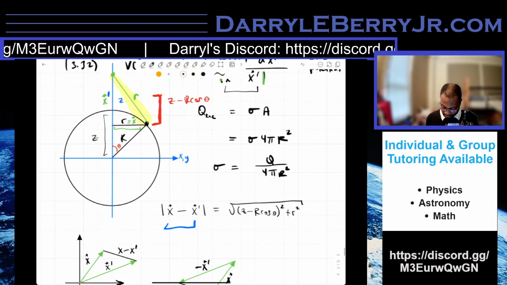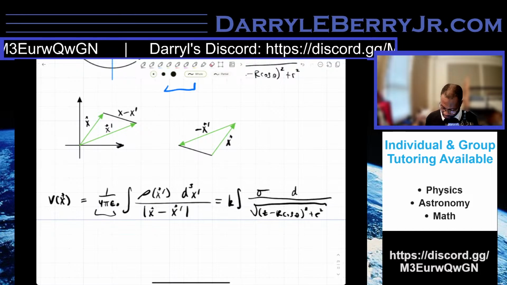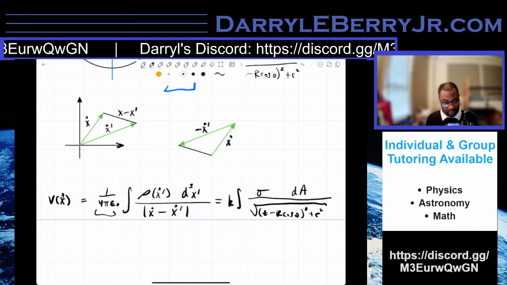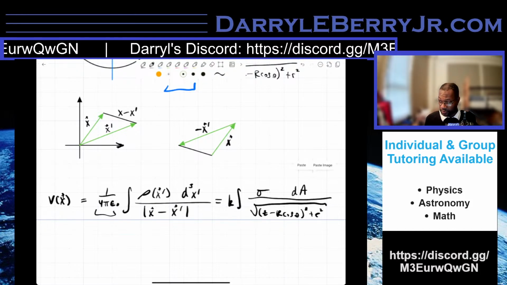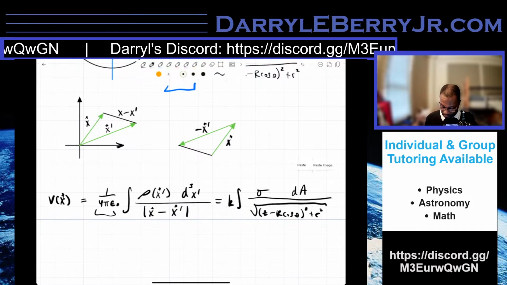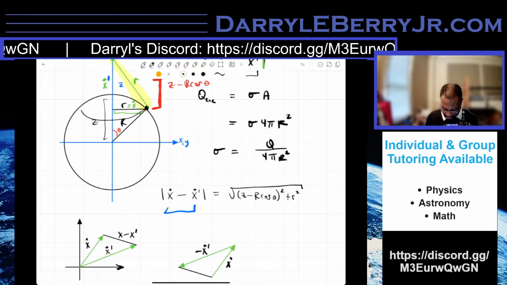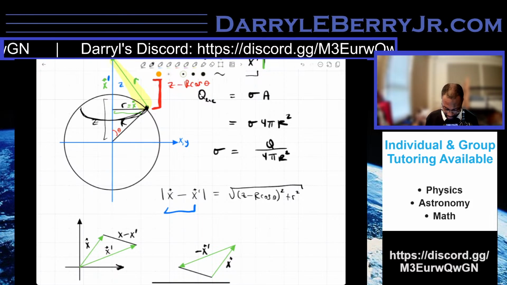I guess technically the area, 'cause that's a surface charge, this would be dA. So now we're looking at how we can best get the area at that point. So basically at that point, the area will be this area around here, like a little bitty area.